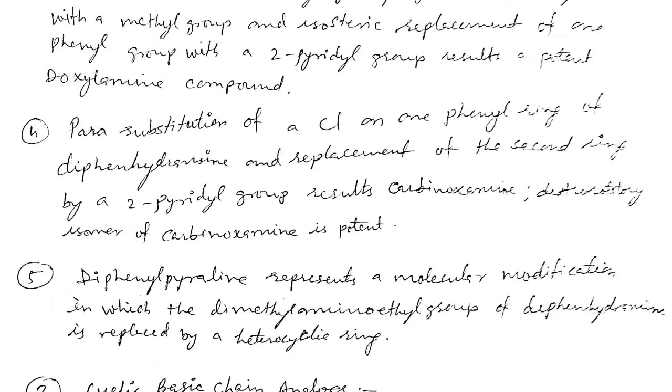You have to learn about diphenhydramine, its modifications, its chemistry, and the SAR that we have discussed in the two classes of antihistaminic drugs. One is the ethylenediamine derivatives, and another is the alkylamino ether analogs. So that's all for today, dear students.